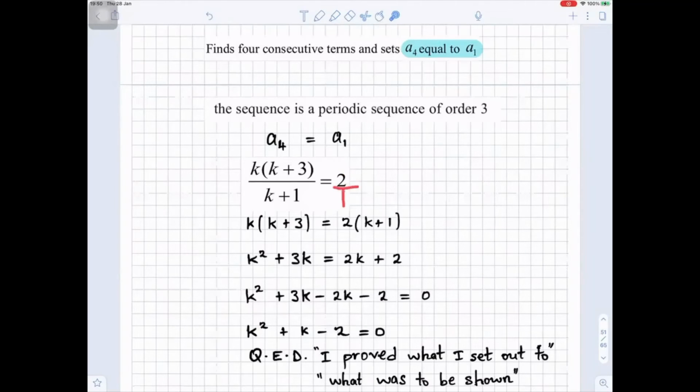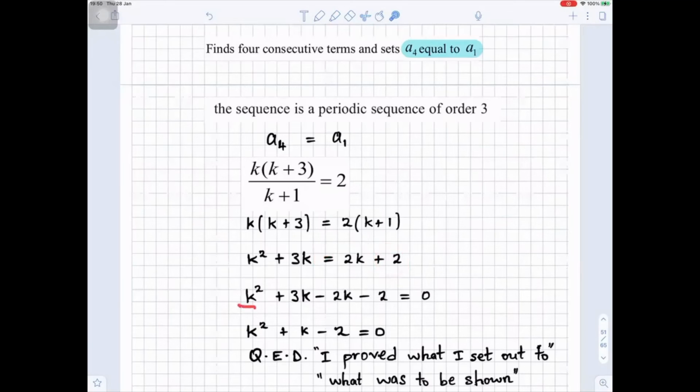Then cross multiply, 2 times (k plus 1). So remove the bracket: k times k is k squared and k times 3 is 3k. Remove the bracket: 2 times k is 2k and 2 times 1 is 2. Take plus 2k to the left and take plus 2 to the left.